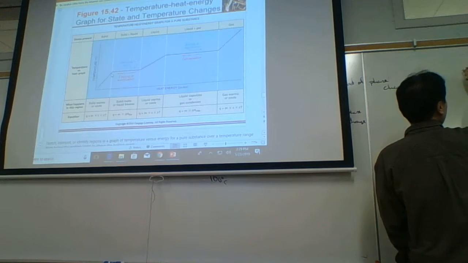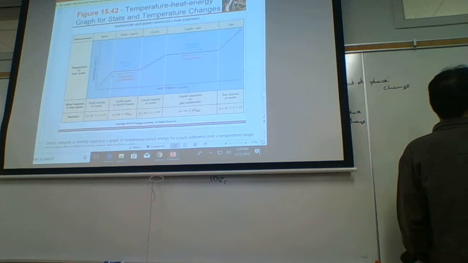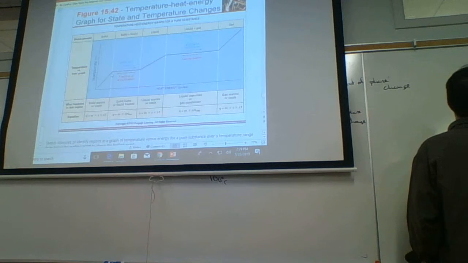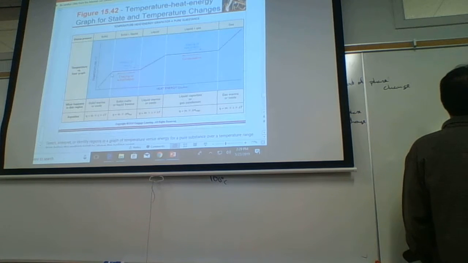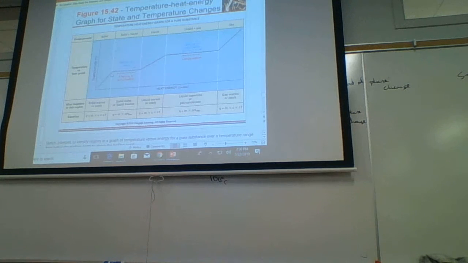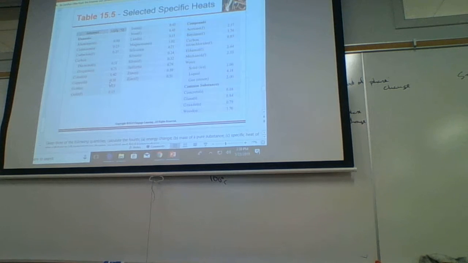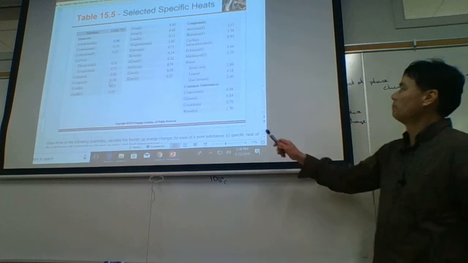And we have to break this up into steps. So we're going to call this step 1. Q1 is equal to mc delta T. The amount of ice is 19.6 grams. Now we need the specific heat of solid ice. So I go to the table and look it up.